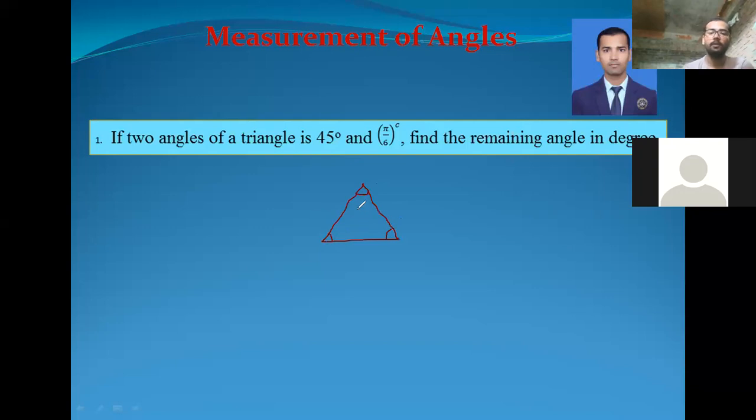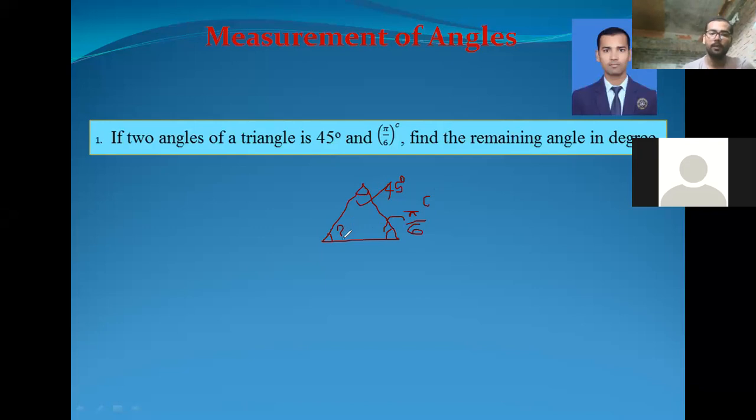One of the angles is given, that is 45 degree, and another angle is given here, pi by 6 radian. We need to find the third angle.